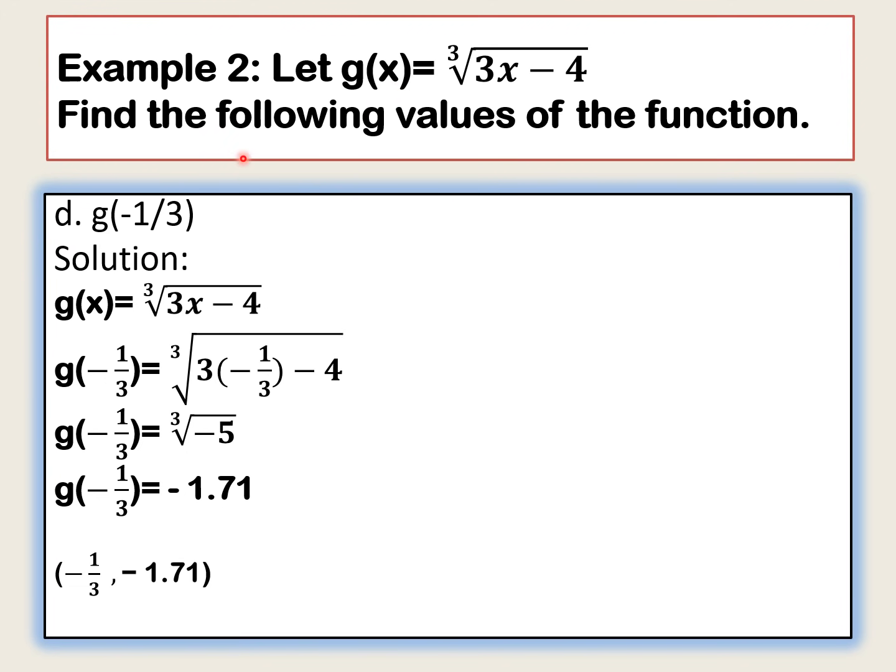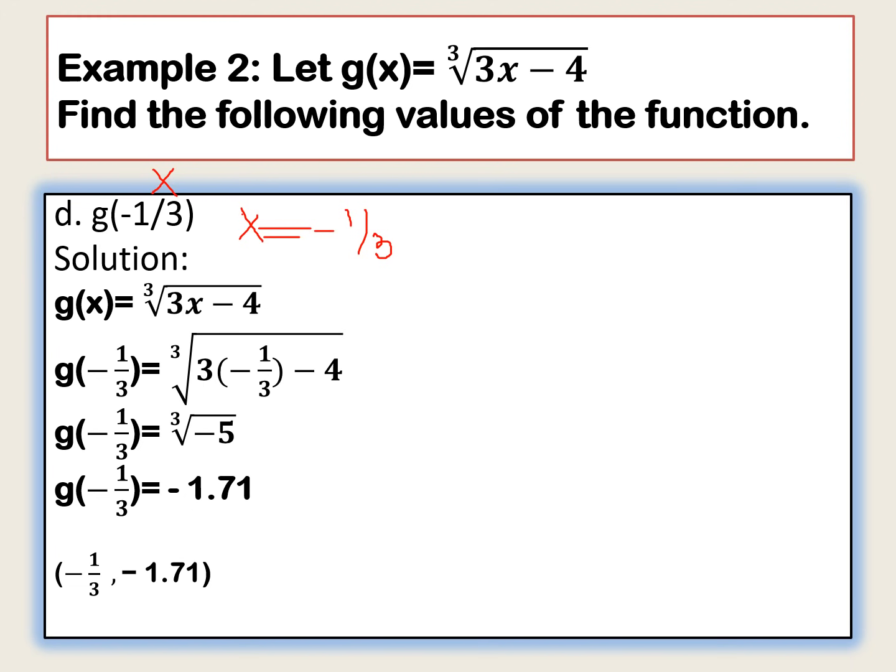Okay, this would be the last, letter D. So, we're going to evaluate this function using this value. When x is equal to negative 1/3, isn't it that this is x? Tama ba? So, x would be equal to negative 1/3.